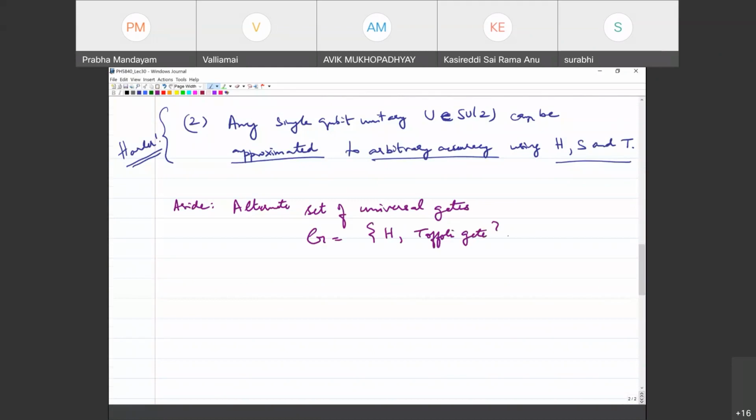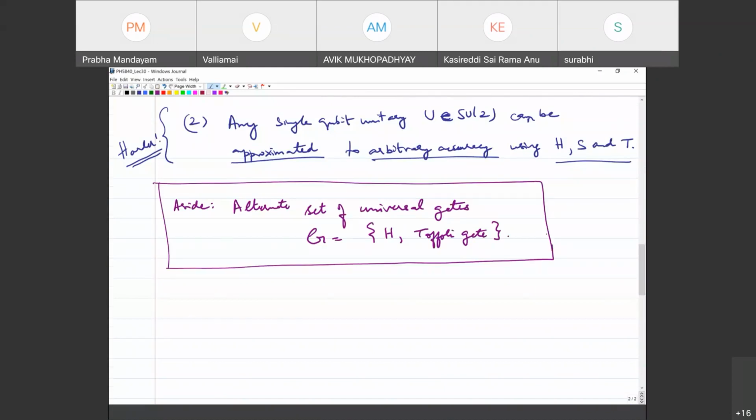So the same identical universality statement has also been shown: any arbitrary unitary can be decomposed as a sequence, to arbitrary accuracy, using simply the Hadamard and the Toffoli gate.